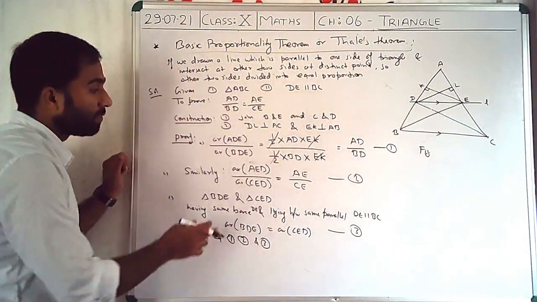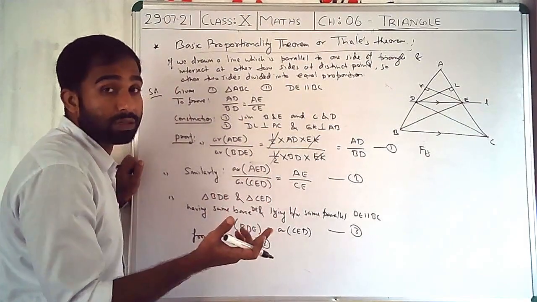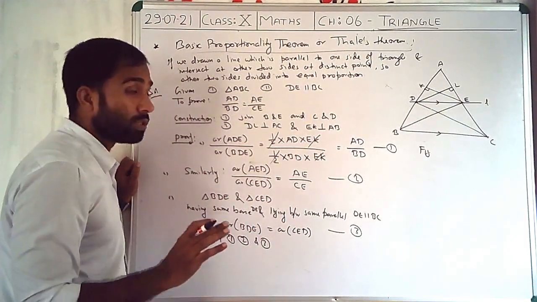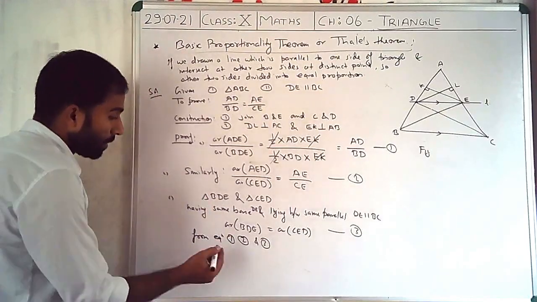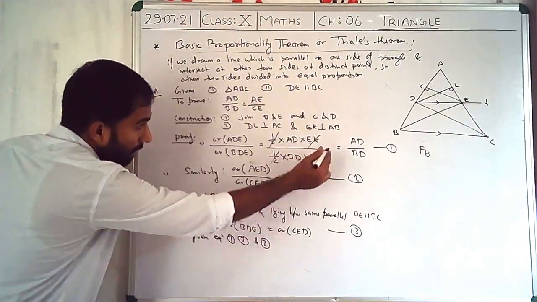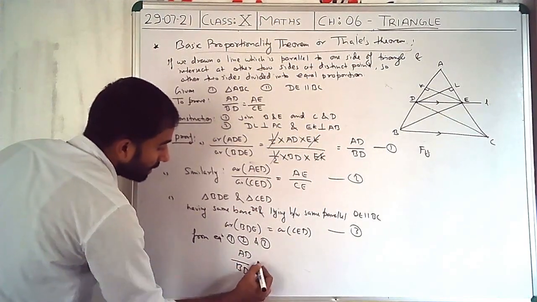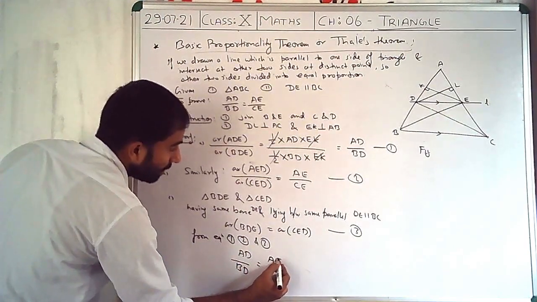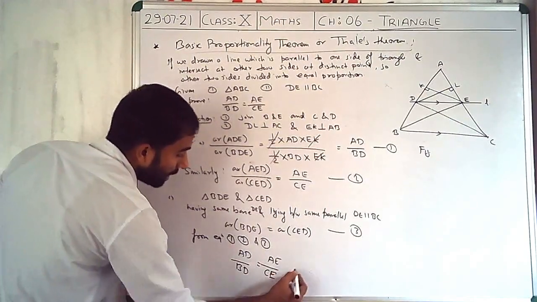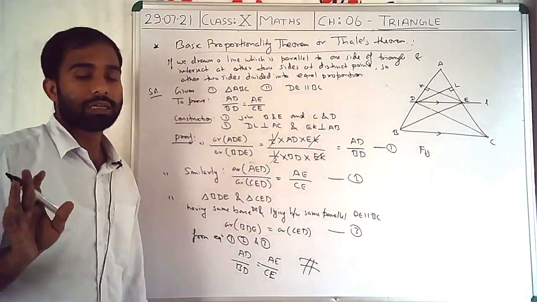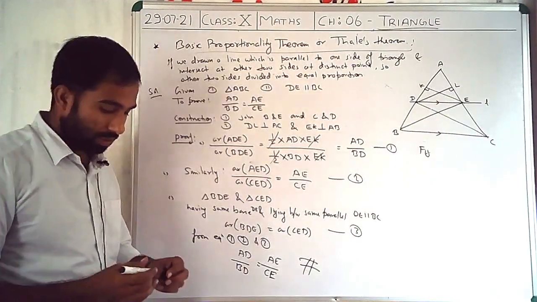Okay, things which are equal to the same thing are equal to one another, as I hope all of you remember about Euclid's postulates. So from equations 1, 2, 3, AD by BD is equal to AE by CE, hence proved. I hope all of you understood clearly. Okay, so thank you for watching.